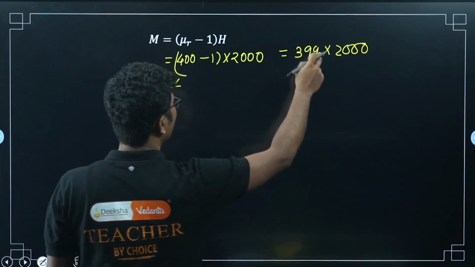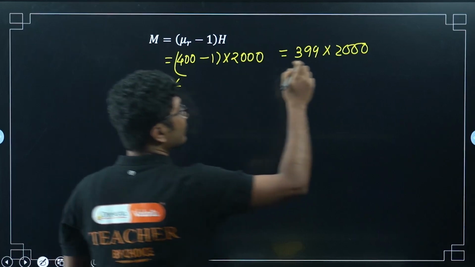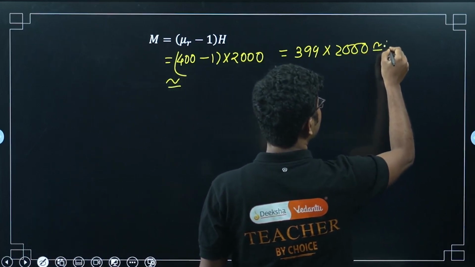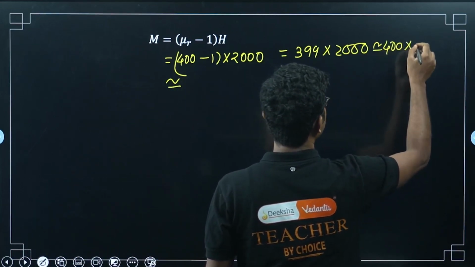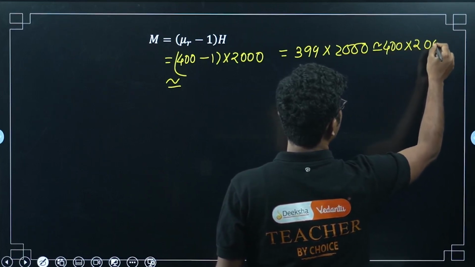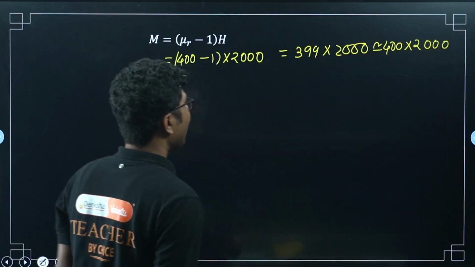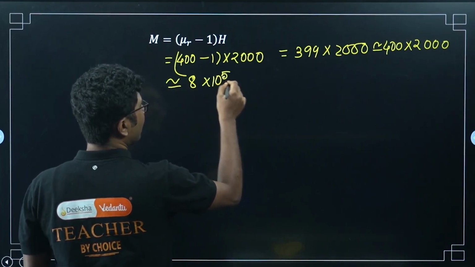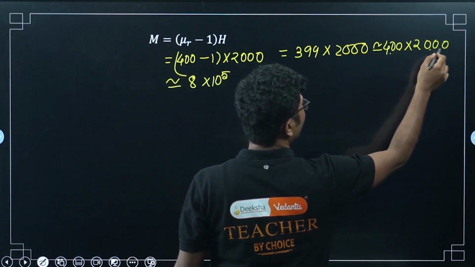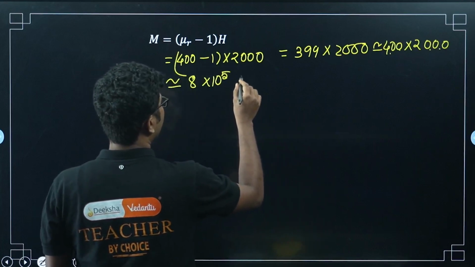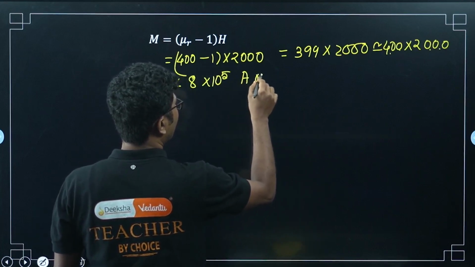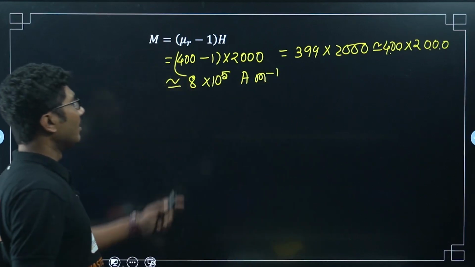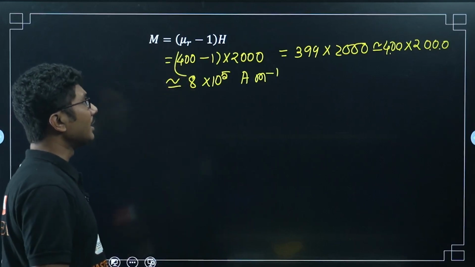Approximately you can write this as 400, as it will not change the result by much. So it will be 8 times 10 to the power of 5 ampere per meter, because mu r minus 1 is an unitless quantity.